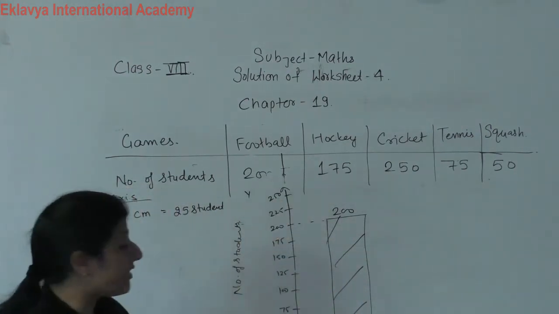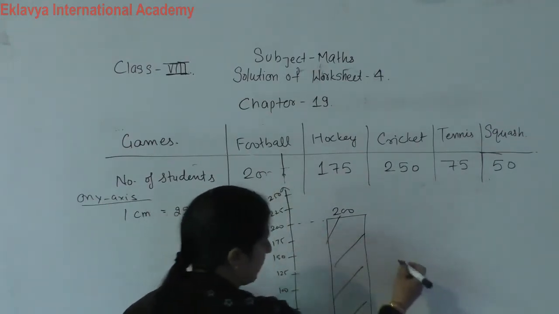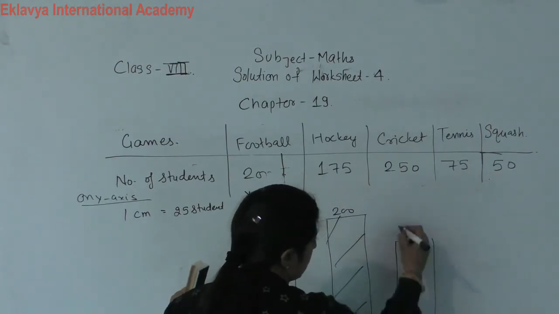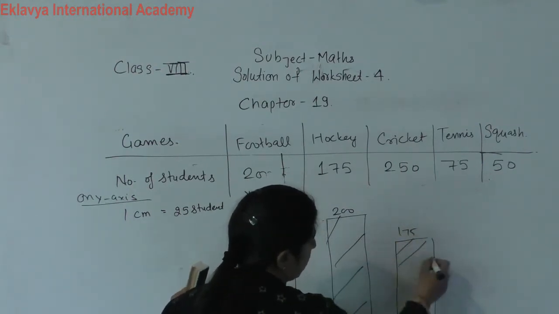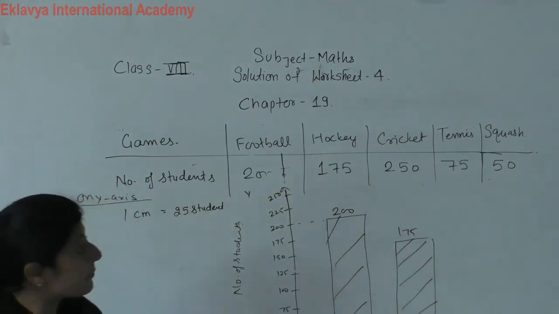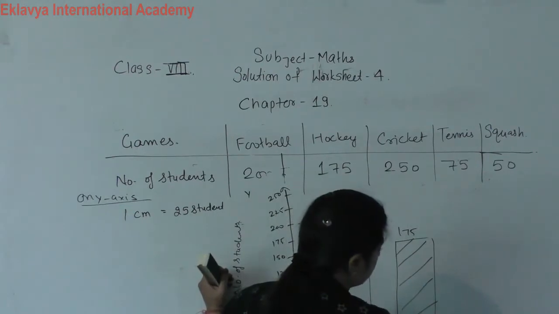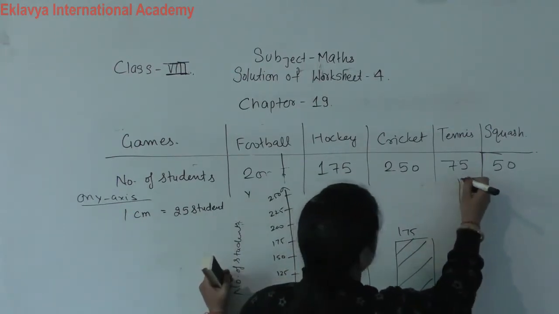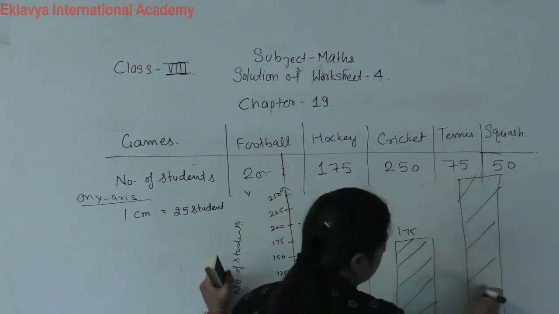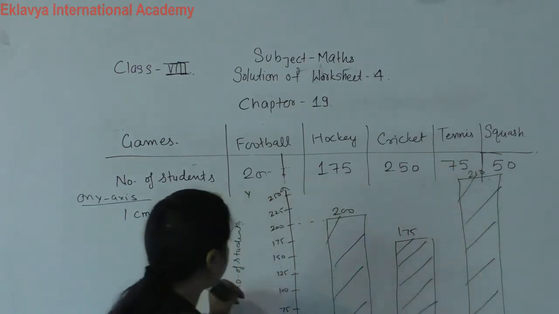Next, hockey 175. Leave this space. In hockey 175. So this is 175 in hockey. Next game, cricket 250. In cricket we need 250. So this one is 250.